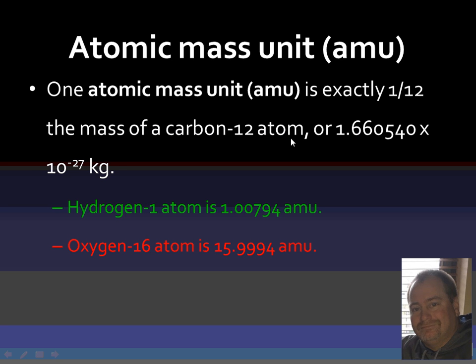What are those values corresponding to? Any idea? The atomic weight. If you look on your periodic table for hydrogen, at the little red number above the symbol, the atomic weight, what is it? 1.00794.